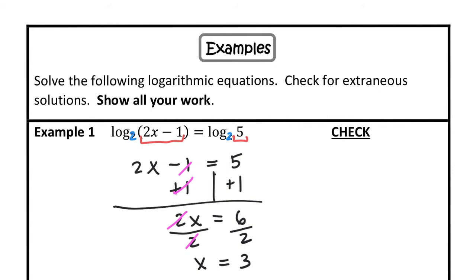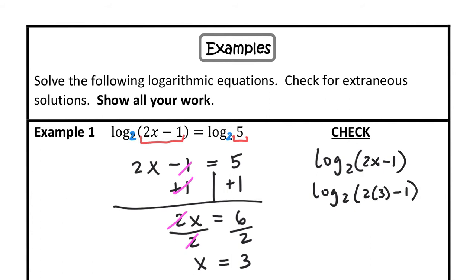We check our solution by taking the equation that has the x in it and copying it over here. On the left side, I have log base 2 of 2x minus 1, but I'm going to replace x with the answer that we got, 2 times 3 minus 1. 2 times 3 minus 1 is 5.